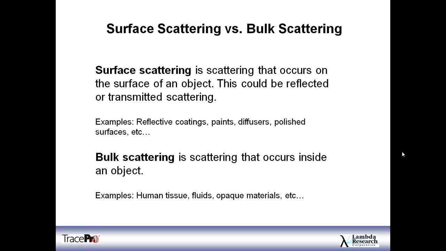Whereas bulk scattering is scattering that happens inside of an object. So this could be scattering inside of human tissue, inside of a fluid, or inside of an opaque plastic or opaque material. In today's session, we're going to deal with surface scattering.